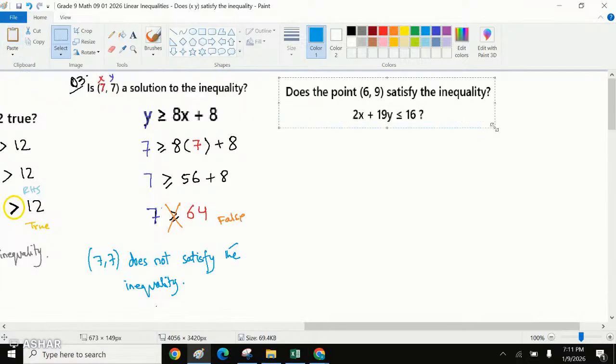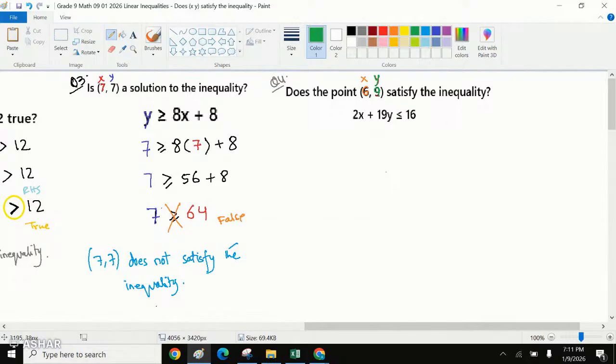Okay. This is given to us. Question number 4 states that, let me just write, does this point, that is 6, the value of x, and 9 the given value of y.